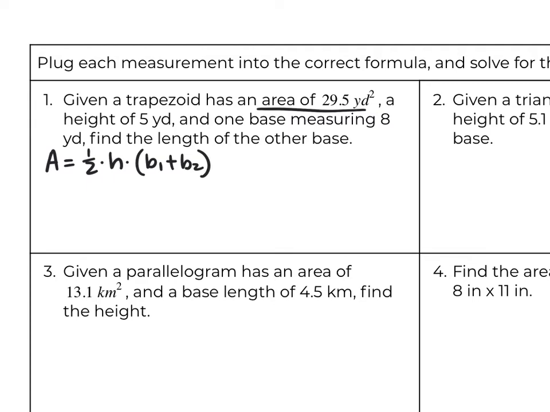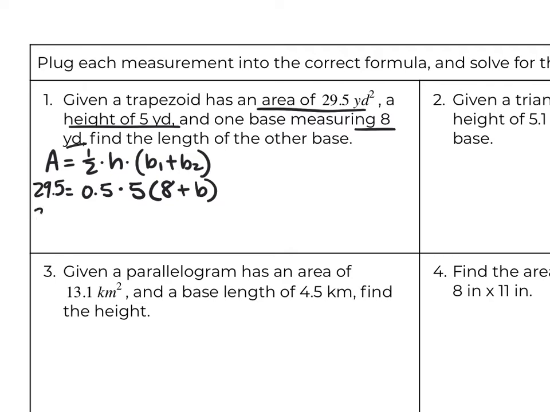Okay, and then if they give us the area, we're going to plug that into the A, so 29.5. If you want to put 0.5 instead of half, times the height is 5, multiplied by base 1 plus base 2. They give us one base is 8, and we don't know the other. It doesn't matter which you plug into there, B1 or B2.